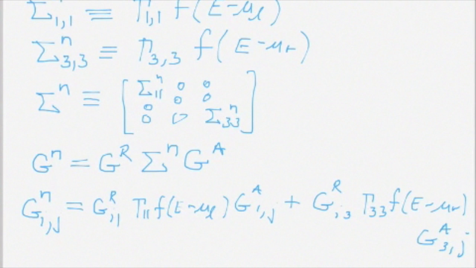The diagonal elements are just exactly what we've written down that we need for the electron density.